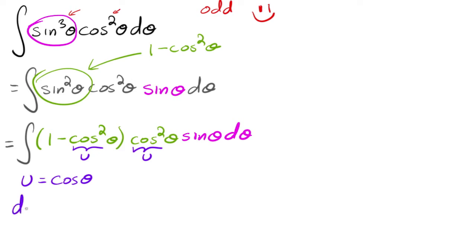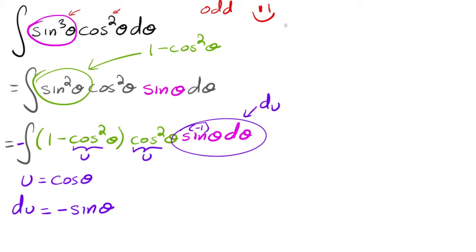Notice that du is going to equal negative sine, which is pretty much right here, right? The only thing we have to do is multiply by a -1 right here, and then we'll take out a negative on the outside. But this right here is pretty much du. And so this is a perfect candidate for integration by substitution.